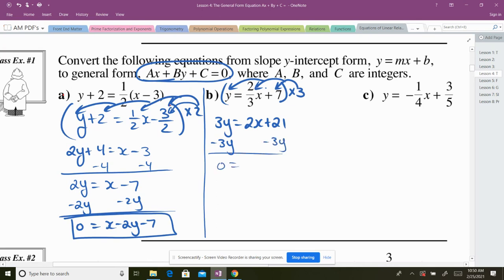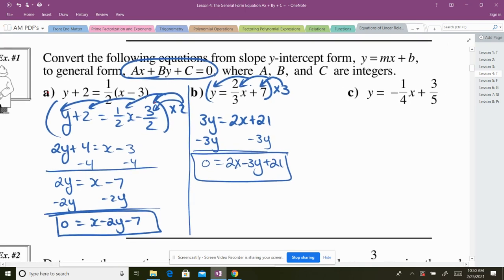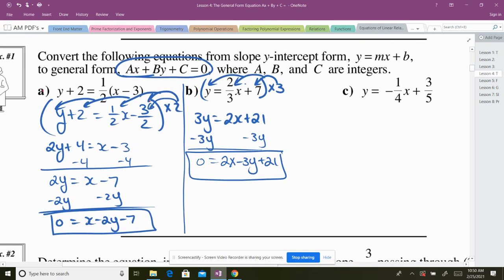So I get 0 is equal to minus 3y plus 21. The general form, yeah, you tend to write it ax, by, and then the constant. But if you don't, it's not wrong, because that's how they usually write it.